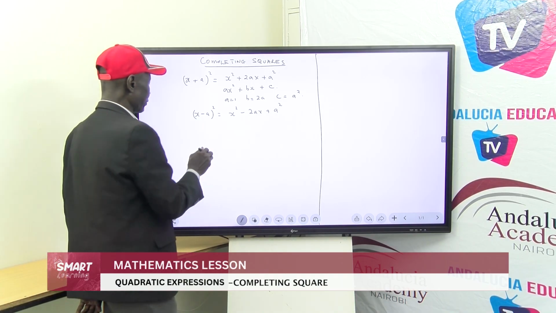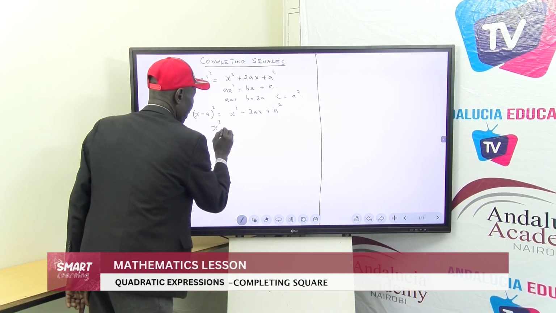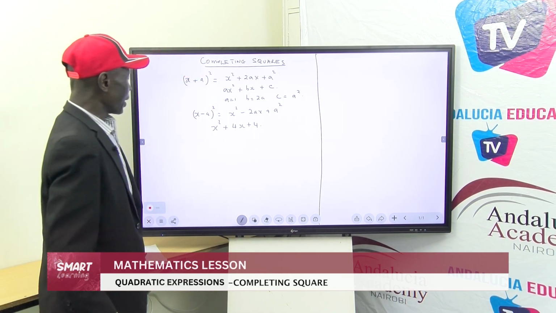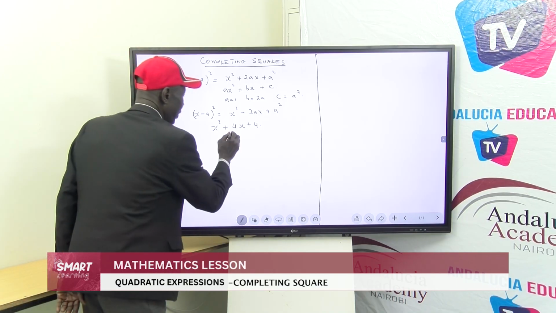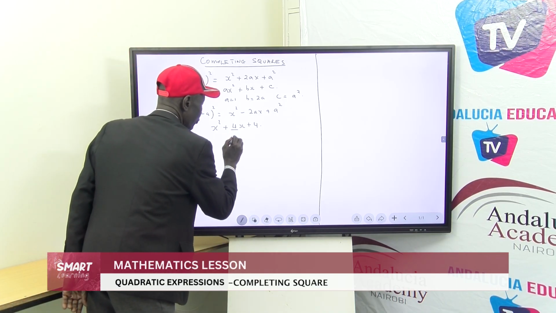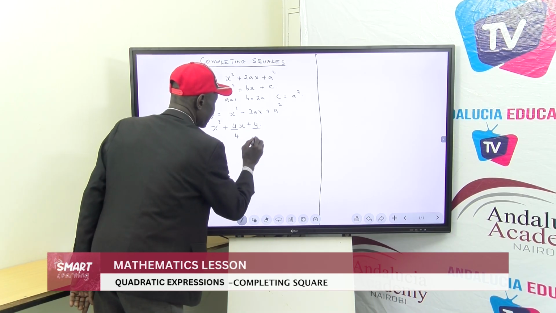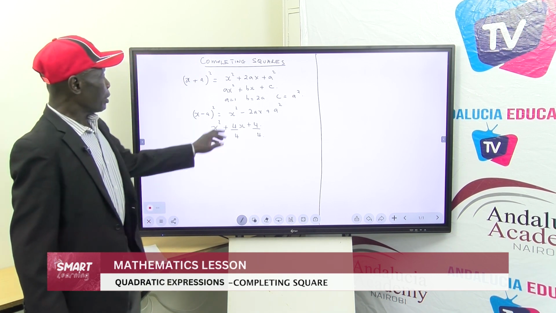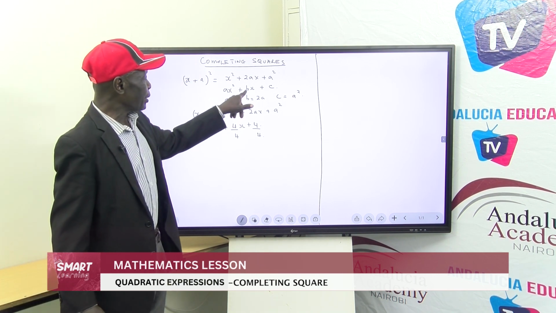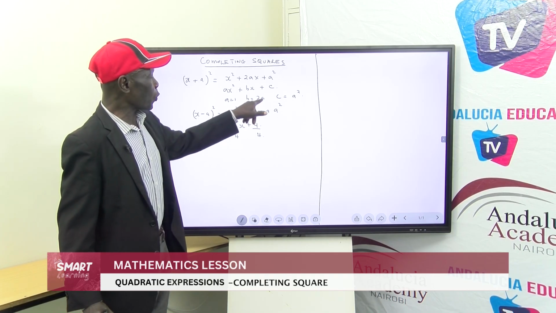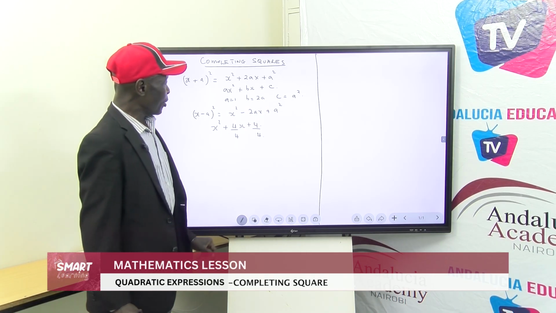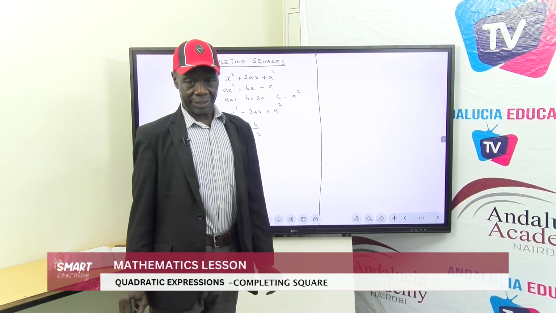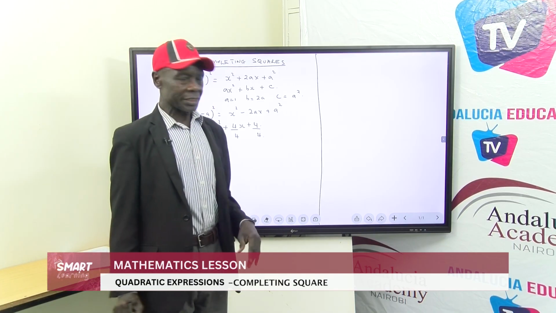For example, if I have x squared plus 4x plus 4. Now, if I compare this one here, my b is 4, and my c is also 4. My b is twice the factor, and my c is the square of the factor. C is the product, b is the sum.